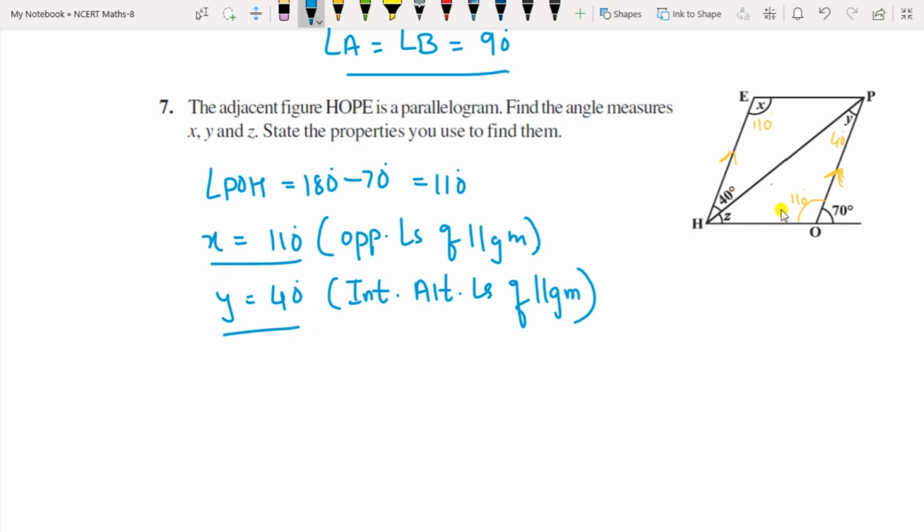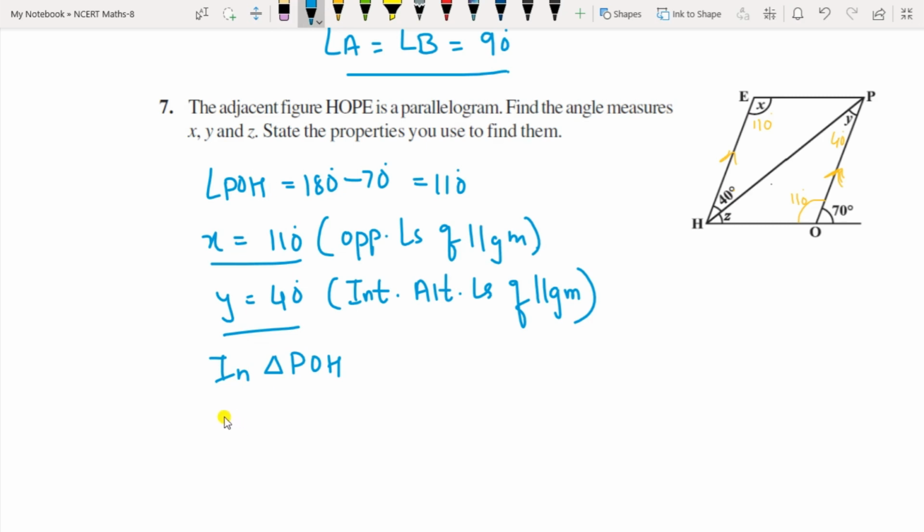Then the remaining is Z here. Now consider this triangle, that is, in triangle POH, you have two angles, and the third one you have to find.